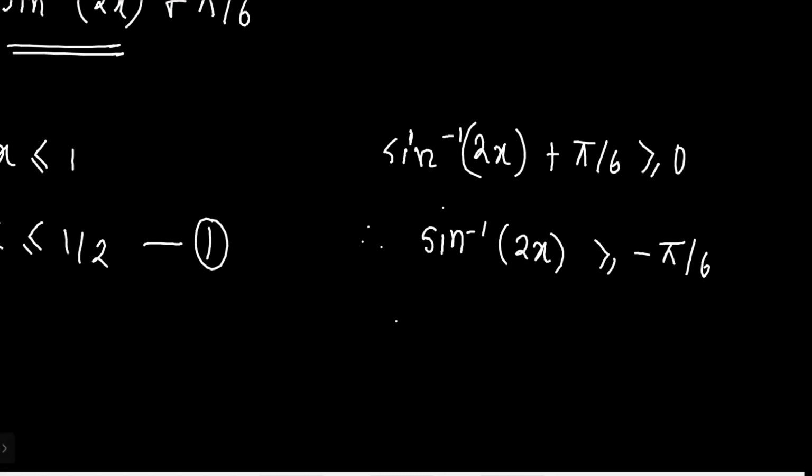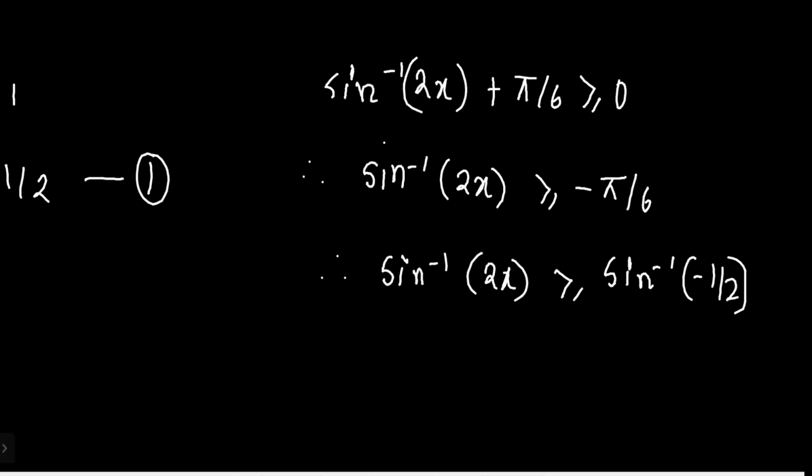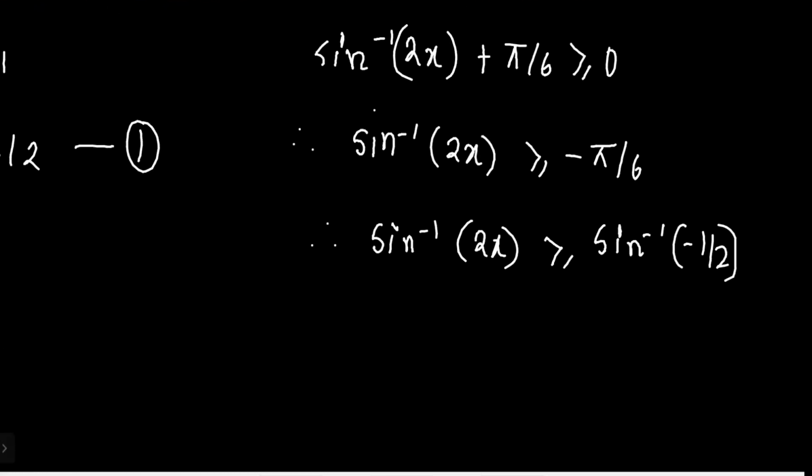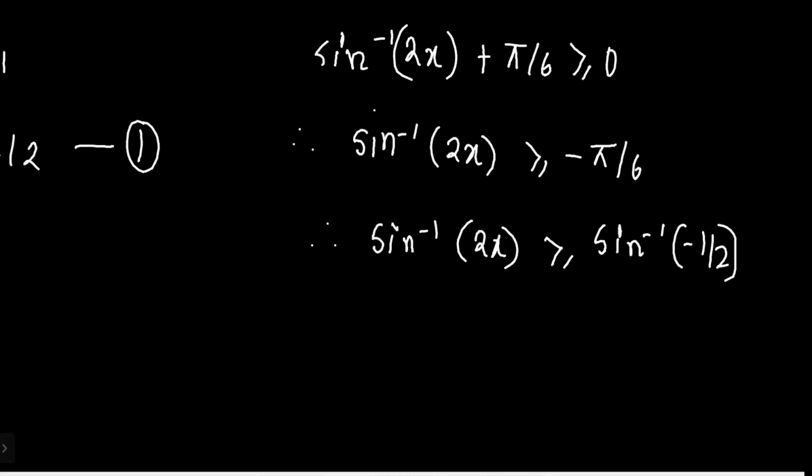Now minus pi by 6 can be written as sine inverse of minus half, so sine inverse of 2x is greater than or equal to sine inverse of minus half. Since sine inverse x is a strictly increasing function, as the values of x increase, values of y increase. So if y1 is greater than y2, then x1 is greater than x2.